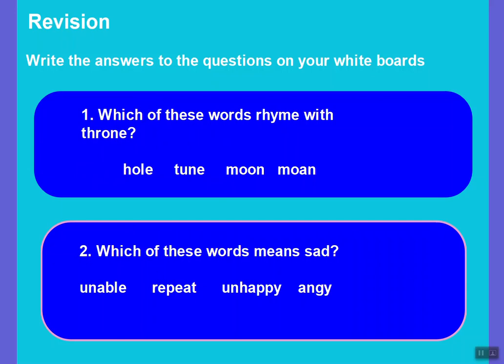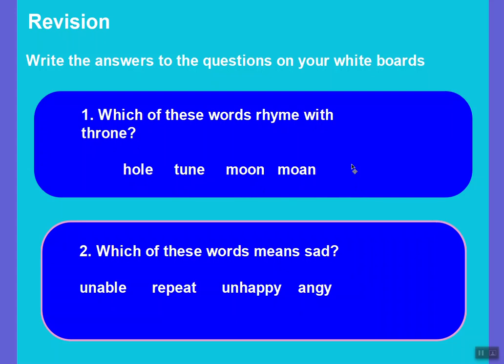Okay, which of these words, and this is the first question, which of these words rhyme with thrown? So one of those words rhyme with thrown. You need to write it on your whiteboard. Read them out loud if you want to. Okay, moving on to number 2.